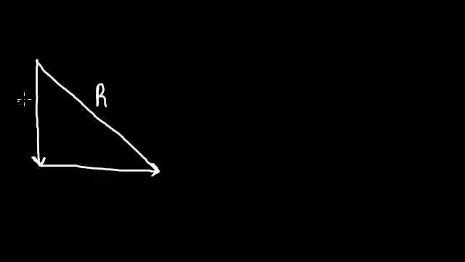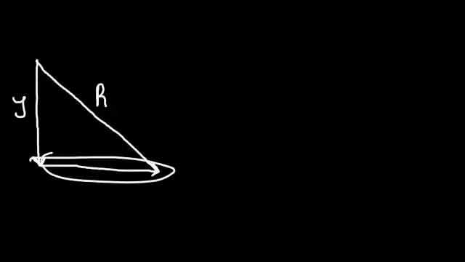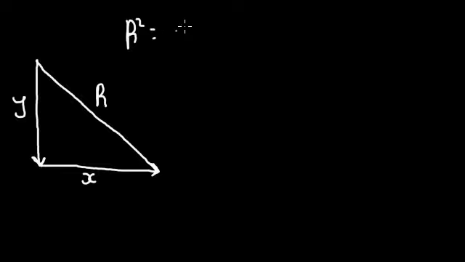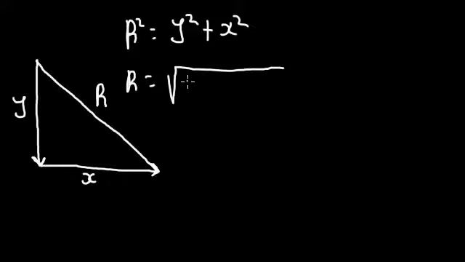If this vector is of magnitude y, and this other one is a vector of magnitude x, then the square of the resultant, according to the Pythagorean theorem, is equal to the sum of the squares of the other two vectors. Finally, we get the value of R to be equal to the root of y squared plus x squared, and that's it.